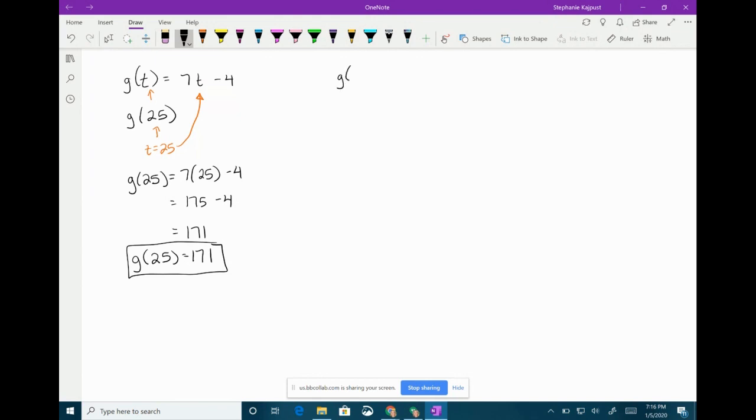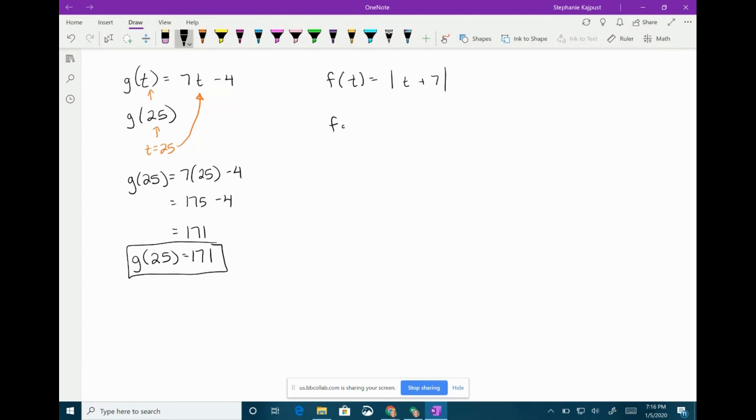Let's use the same function, g of t, and then let's say we have f of t equal to, let's see, on the homework we had a square root. Let's do an absolute value of t plus 7.